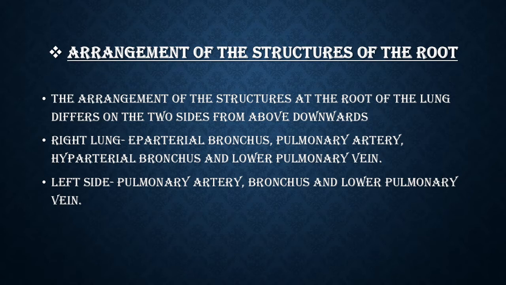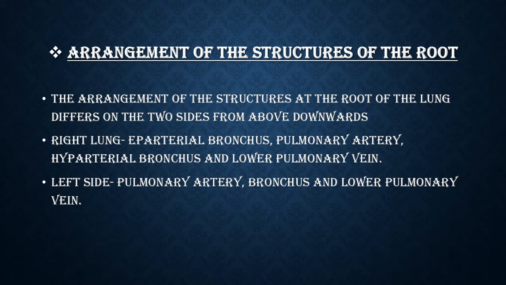In the right lung, the arrangement is eparterial bronchus, pulmonary artery, hyparterial bronchus and lower pulmonary vein. On the left side, the arrangement is pulmonary artery, bronchus, that is a single hyparterial bronchus, and lower pulmonary vein.